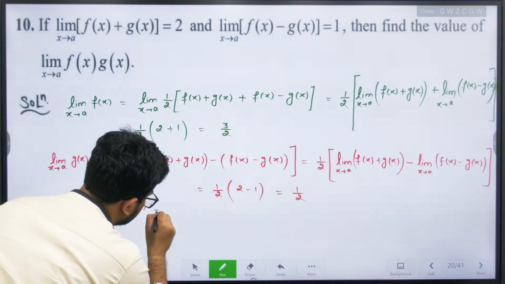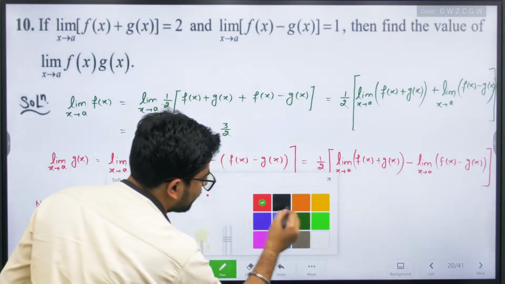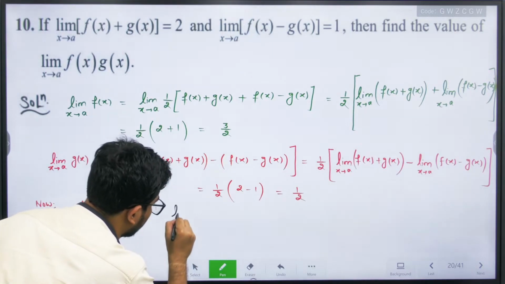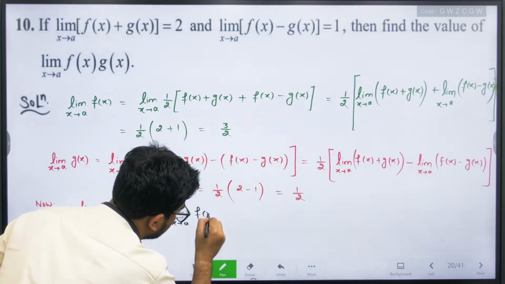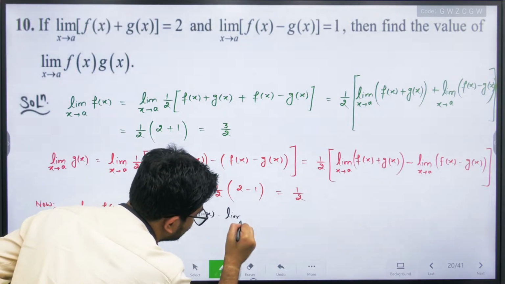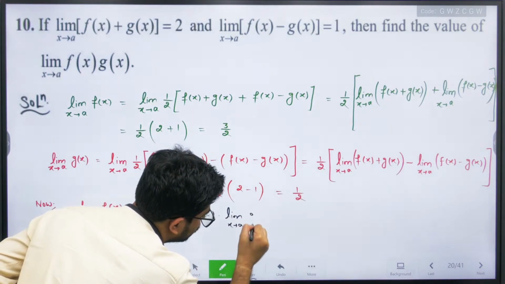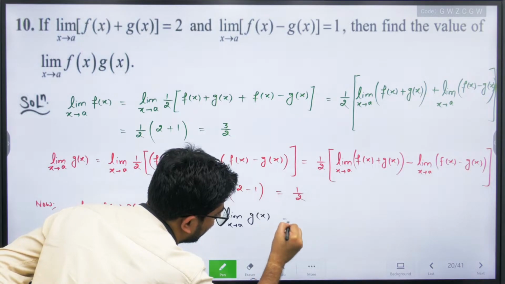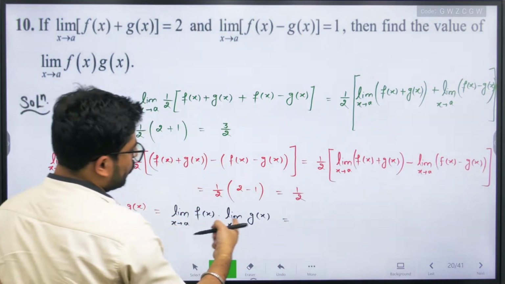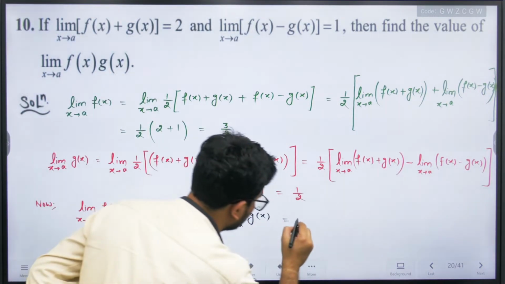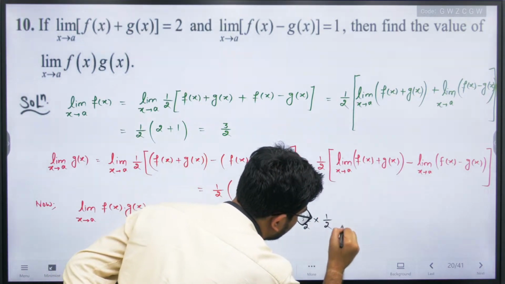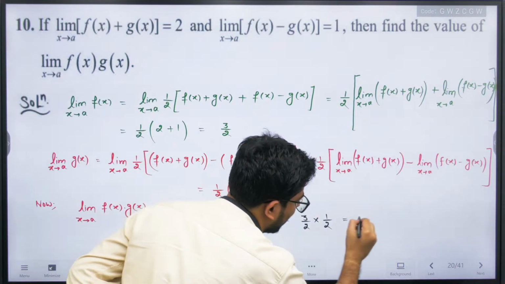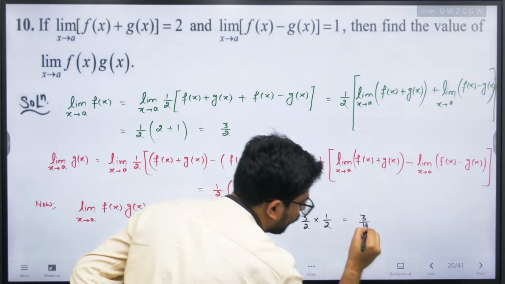So this thing is equal to limit x tends to a, f(x) into limit x tends to a, g(x), which is 3 by 2 into 1 by 2, which is equal to 3 by 4.